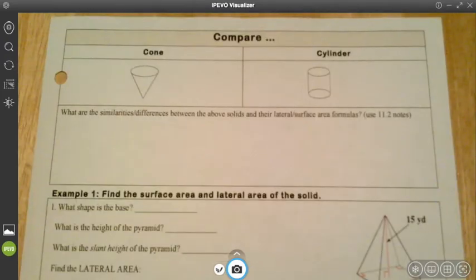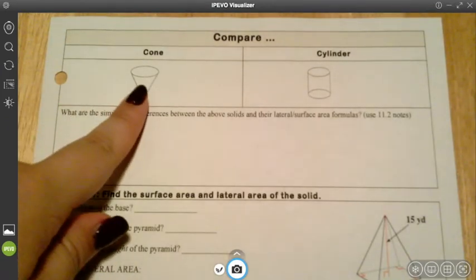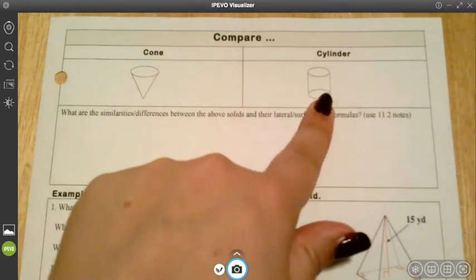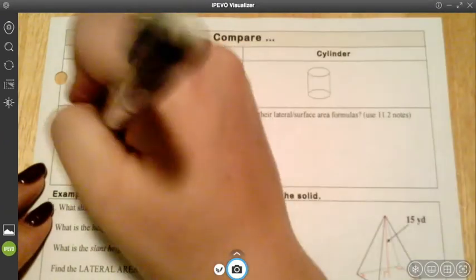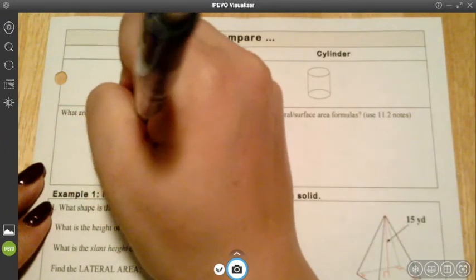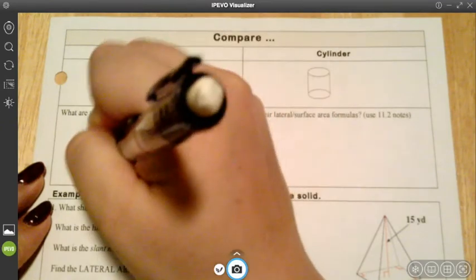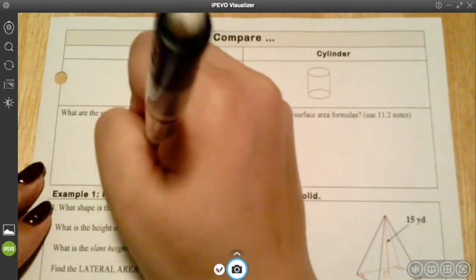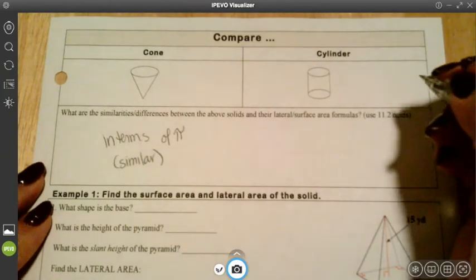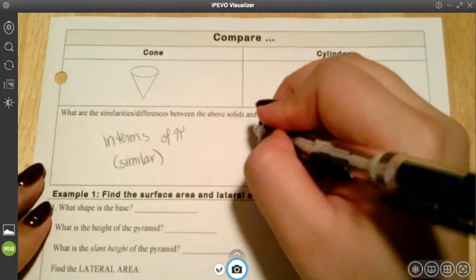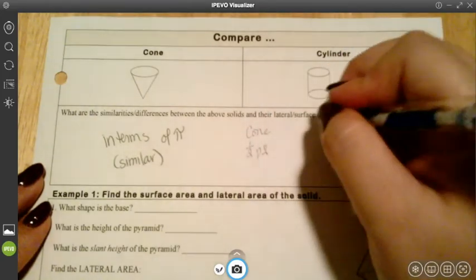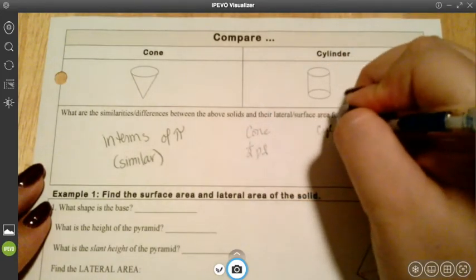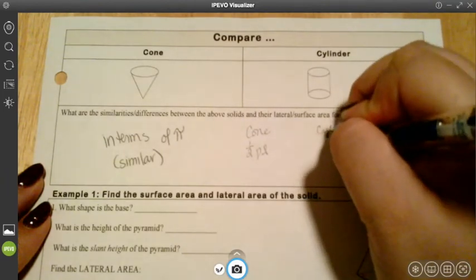If we compared pyramids to prisms, then we can compare a circular pyramid called a cone to the circular prism called a cylinder. What they have in common, they're both going to use pi. Something that makes them different is, again, for the cone, there's going to be that 1/2 pL, whereas for the cylinder, it's just pH.